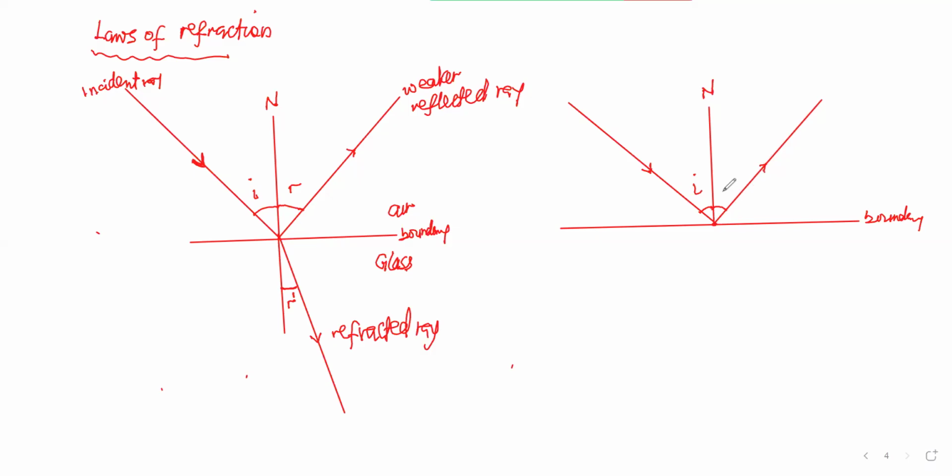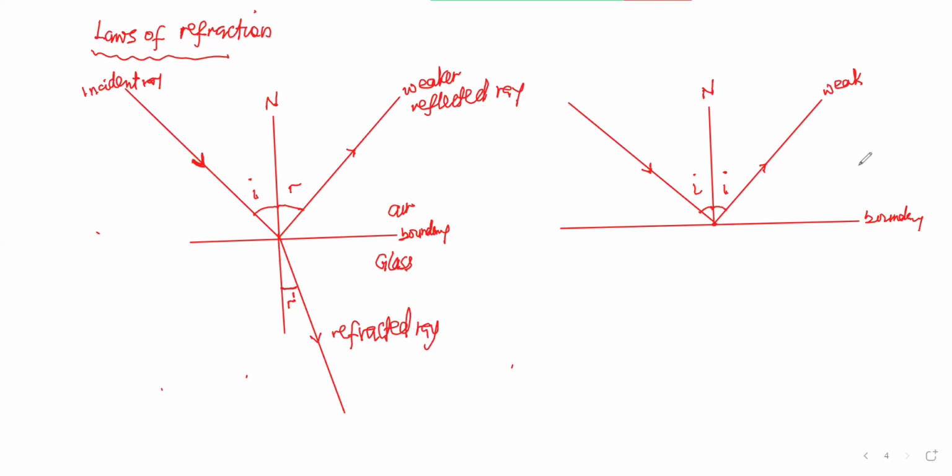So this is R, which is also equal to I. But this is a very weak reflected ray.